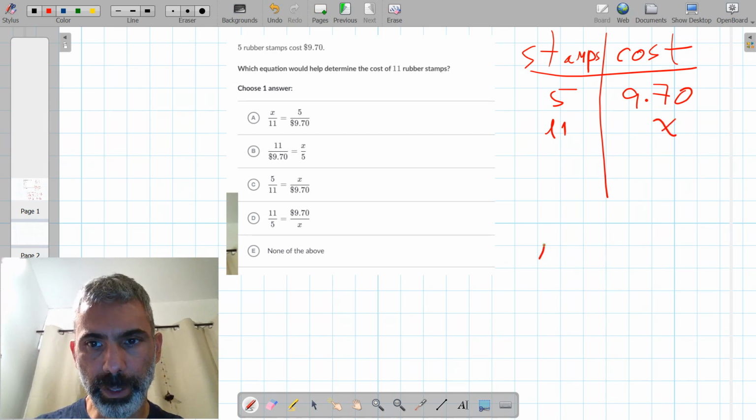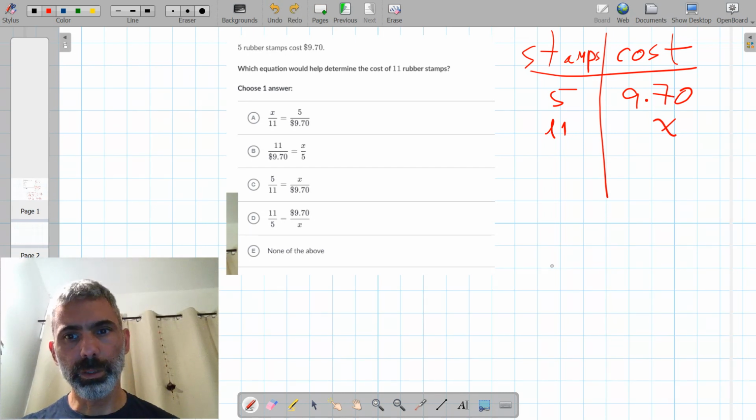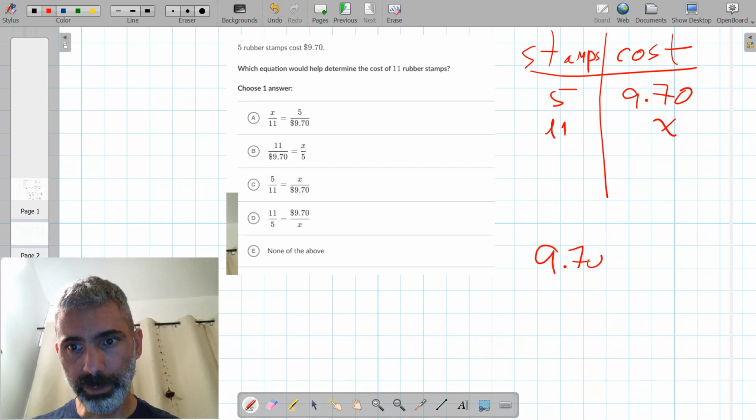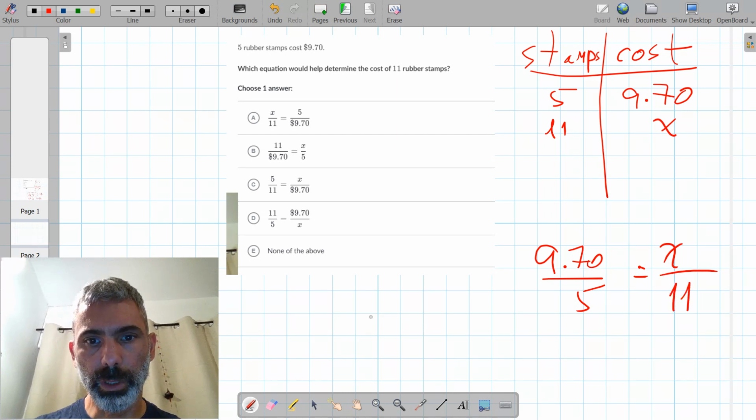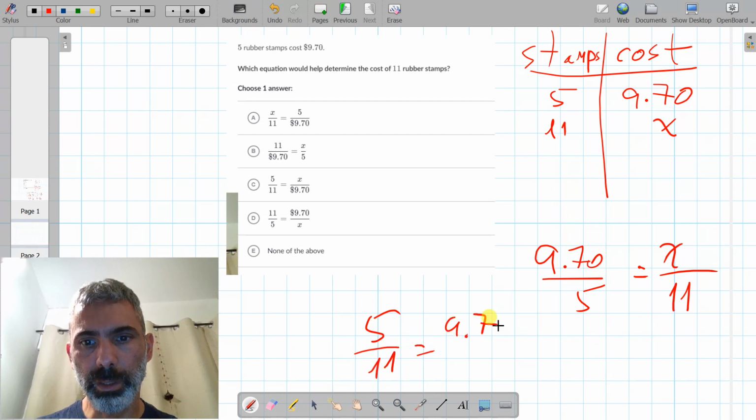So I can write it as 970 divided by 5 equals an unknown amount of money divided by 11. Or I can write it as 5 to 11 equals 970 to X.